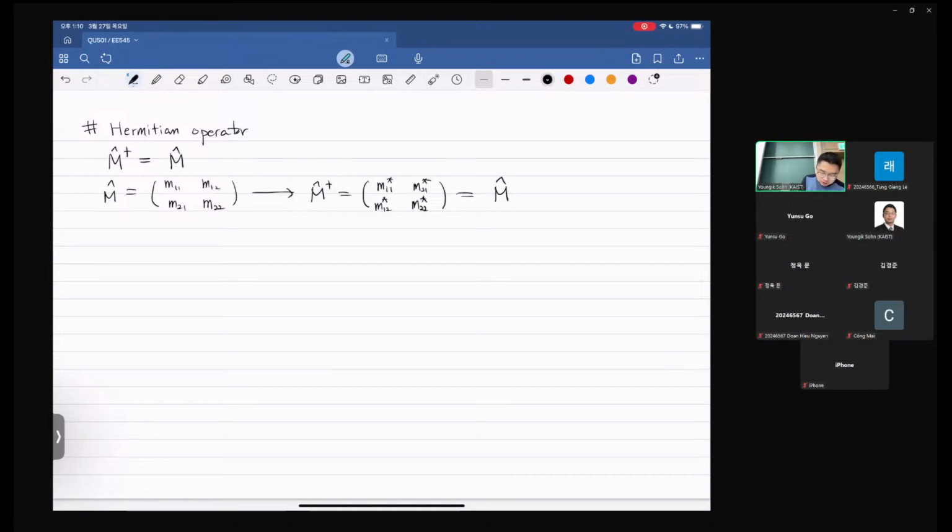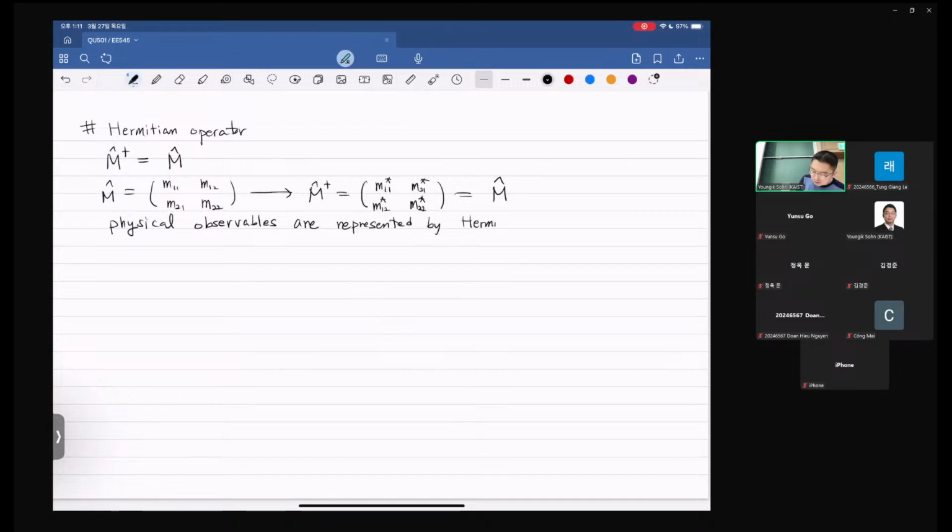And this is an important theorem: physical observables, something you can measure, are represented by Hermitian operators. Let me give you an example.